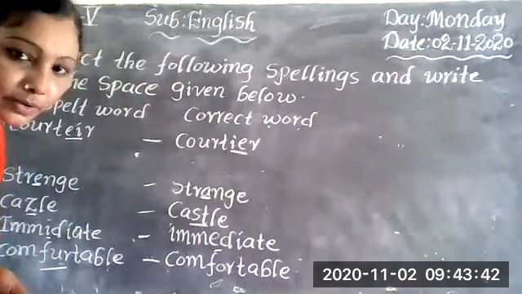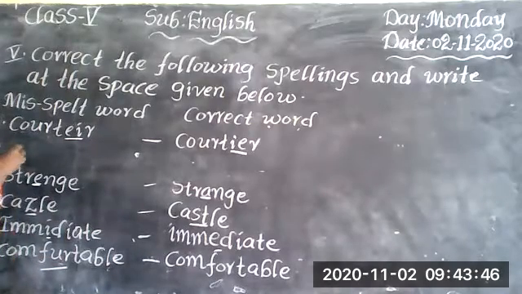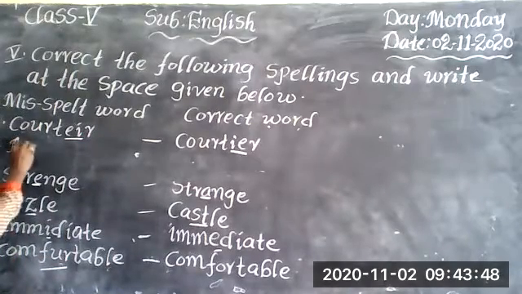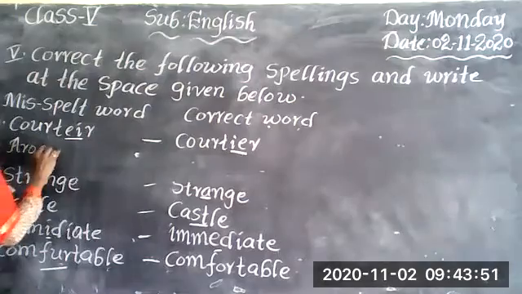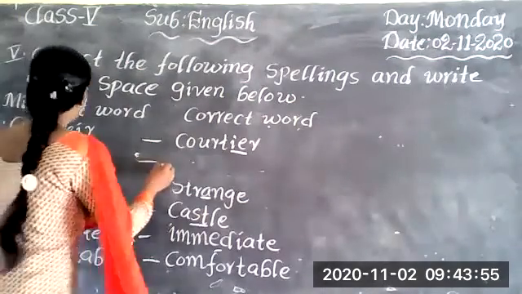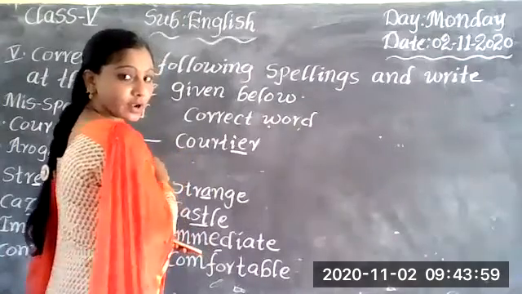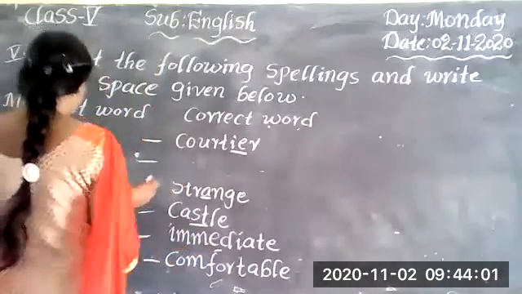Satvika. Very good. Arrogant. Here AROGANT. Arrogant. So the arrogant spelling is wrong. What is the correct spelling? Very good. Lisa.